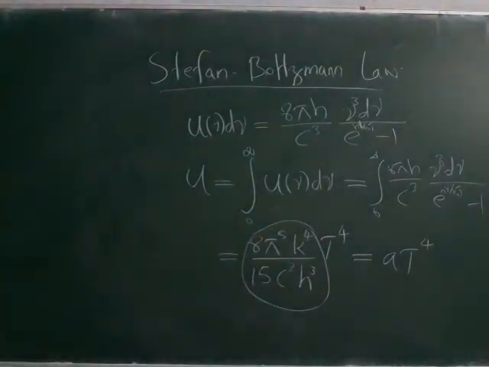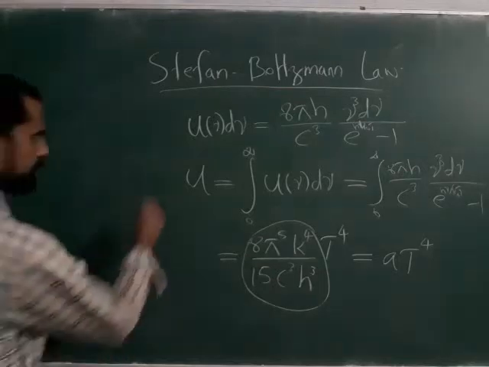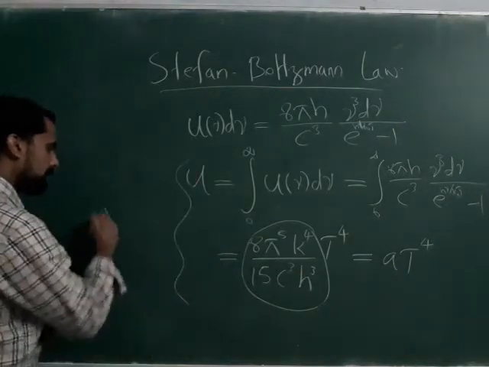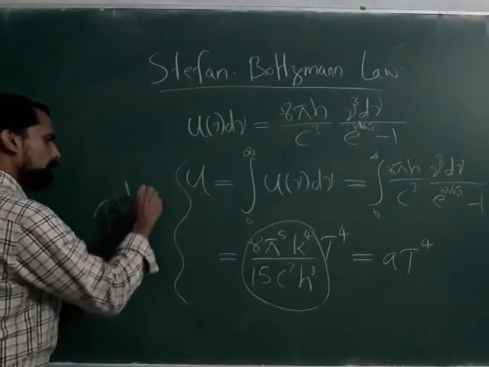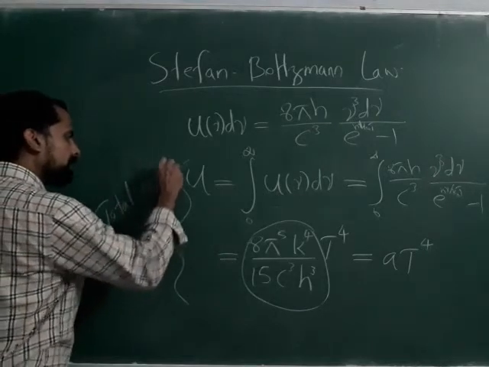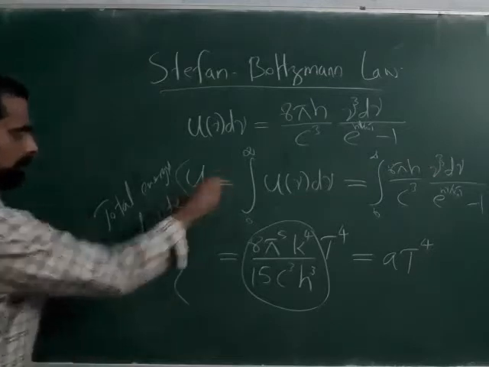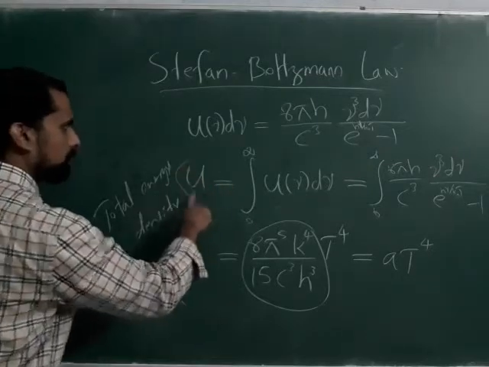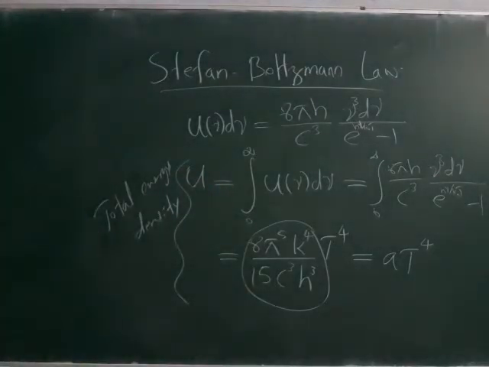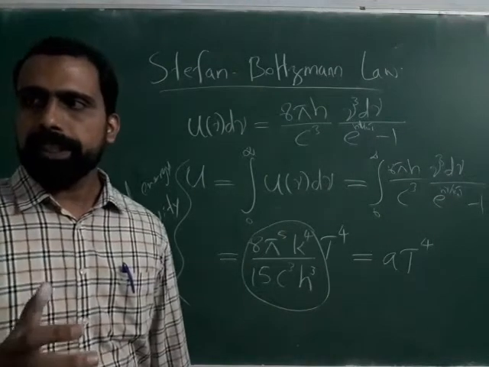Okay, so this is the total energy density U. Now we can get the energy R radiated by an object per second per unit area.